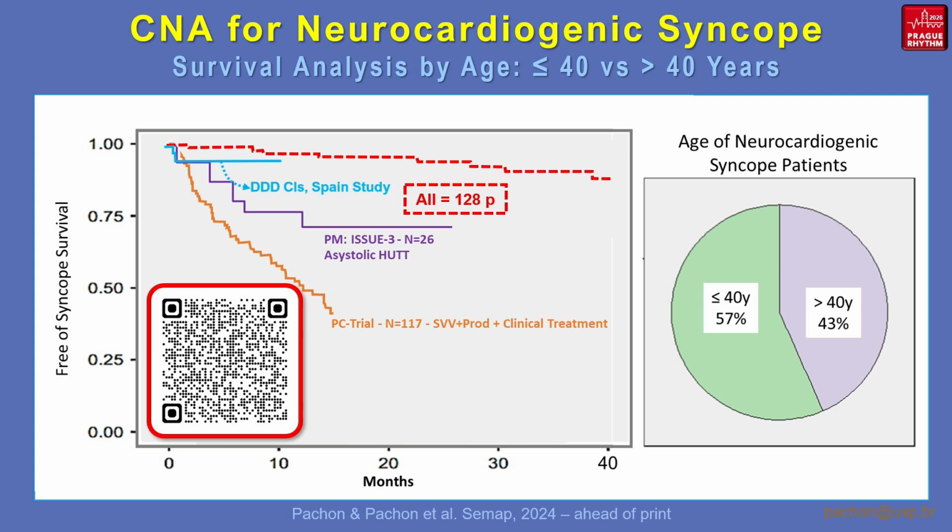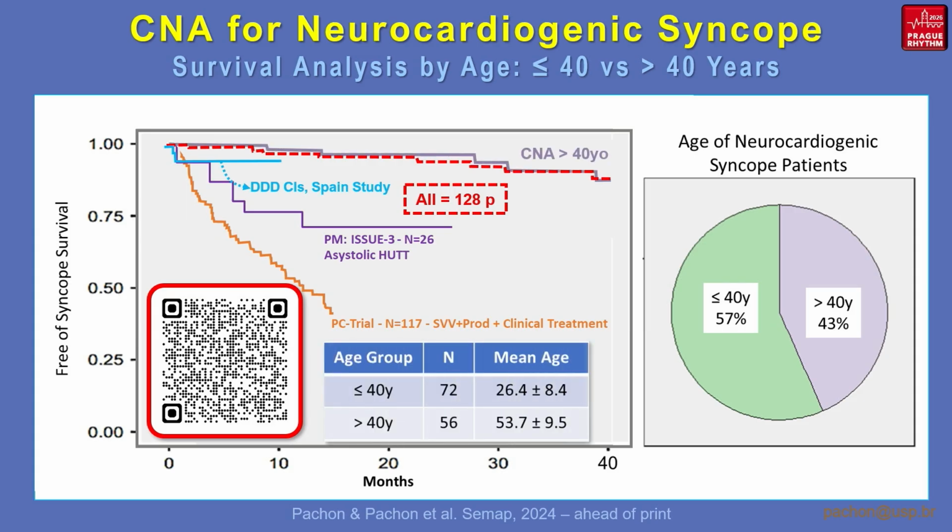And here we can see something about the results. The results of cardioneuroablation are better than the clinical treatment and even better than some trials of pacemakers. Here we can see in the red line that the result of cardioneuroablation is going well, and one very important result is that the results in patients younger than 40 years and older than 40 years are the same.